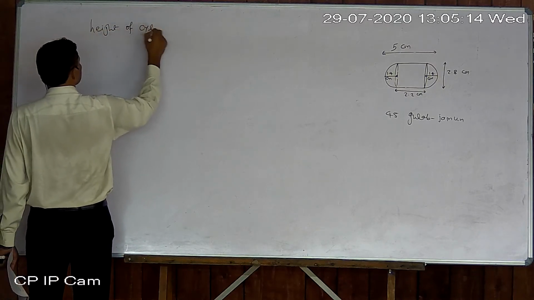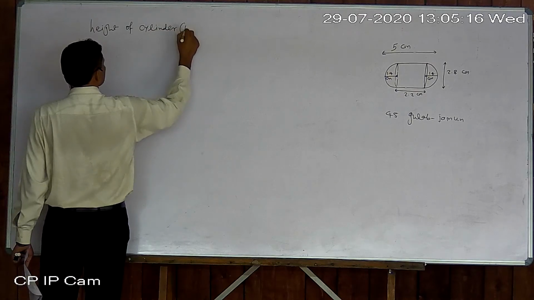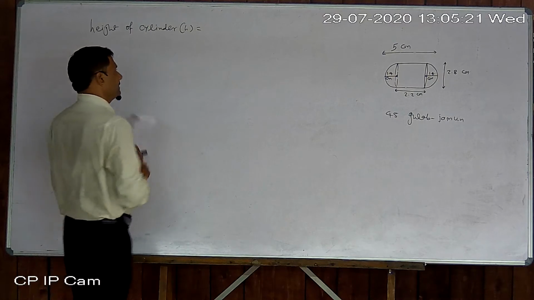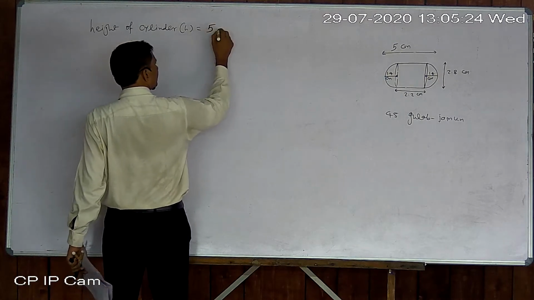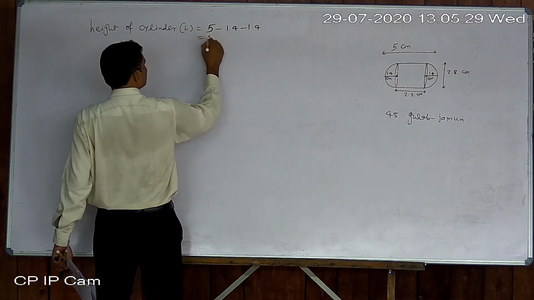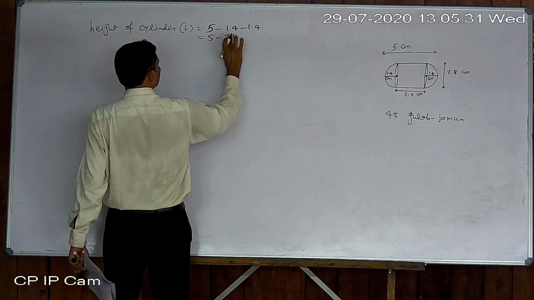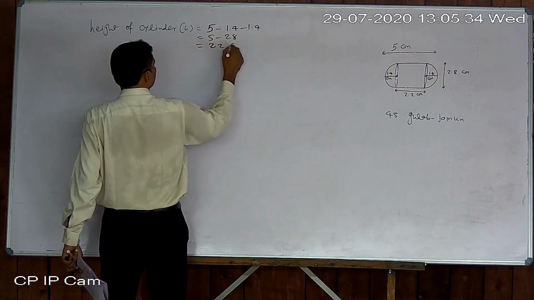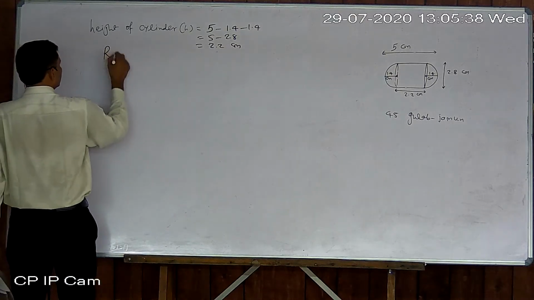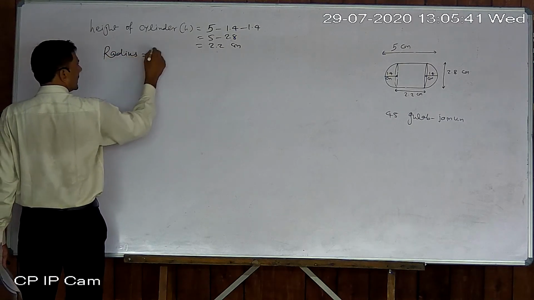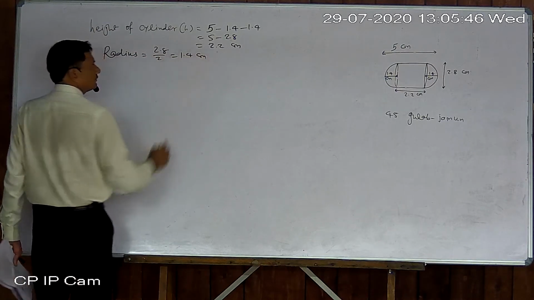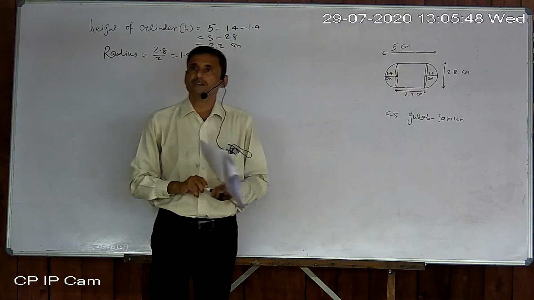Height of cylinder equals 5 minus 1.4 two times, means 5 minus 2.8, means 2.2 centimeters. Radius is half of 2.8, means 1.4 centimeters. So we have all required measurements here.